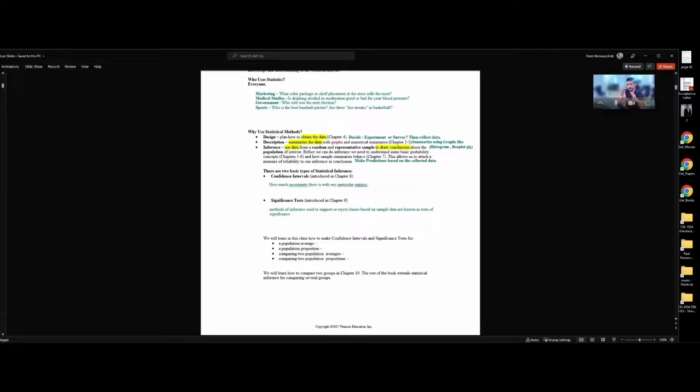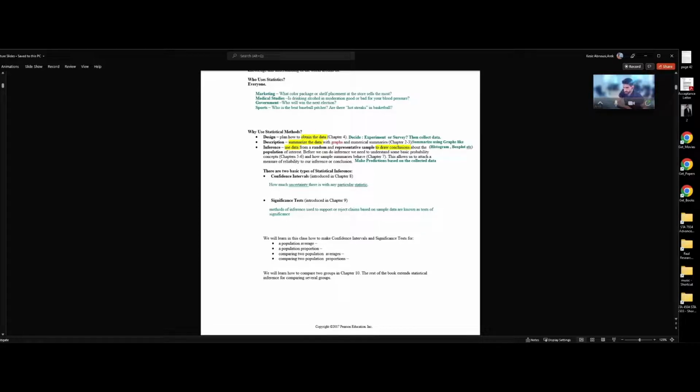This claim is usually called the null hypothesis. And there is an alternative one, called HA, and we use the p-value, which is a probability based on the sample data, to decide whether we will accept this claim or reject it.